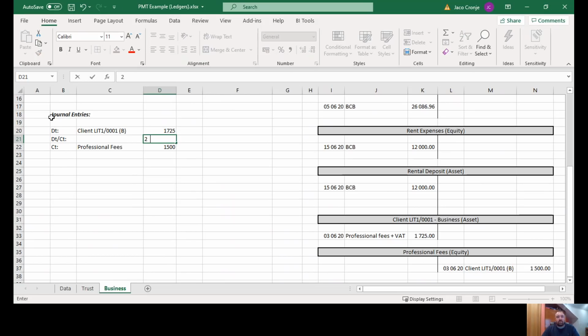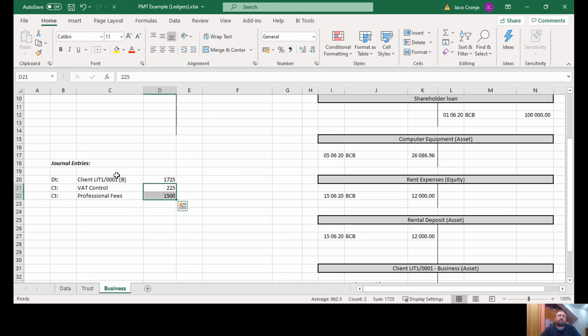So I know my balance is 225, and that goes to the VAT control. And now I can see which one must I delete out here. My debit is 1,725, so to cancel that, this has to be a credit. So those two credits must equal my debit amount up there.